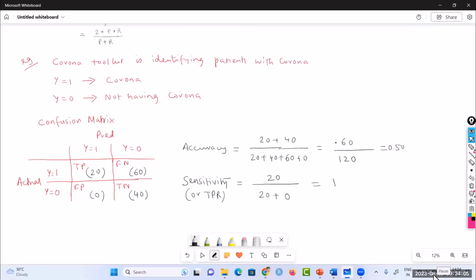Sorry, I just made a mistake. So here, out of actual positive, so 20 plus 60, how many are predicted as positive? So 20. So 20 upon 80, that is 25%. So 0.25, that is 50% here, 25%.